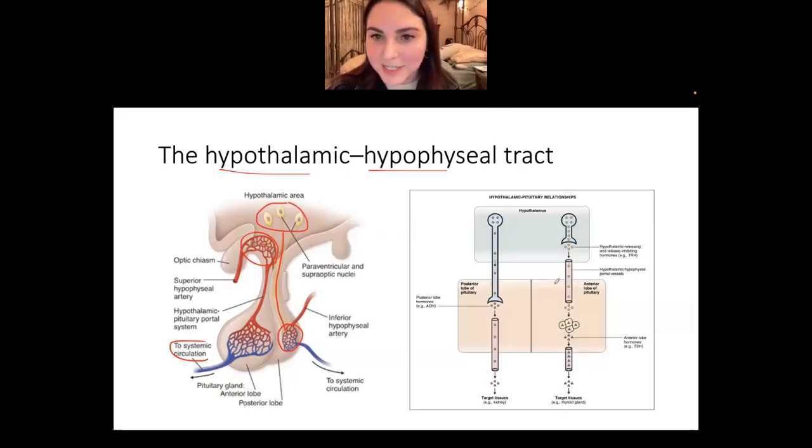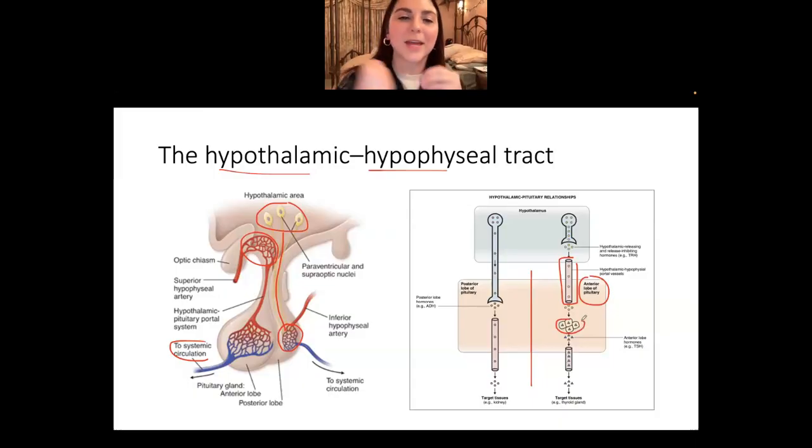She drew it backwards here for some reason, but you can tell that this is the anterior pituitary gland on the right, because all of the hormones are getting secreted into the bloodstream first, and then there are cells in the anterior lobe that secrete it into the systemic bloodstream, right? Versus the posterior, it just goes down. This is the infundibulum, and once it's there, they get secreted to the target tissues.